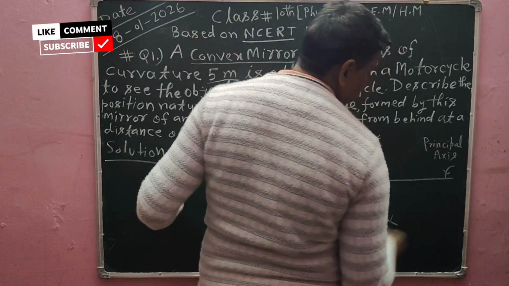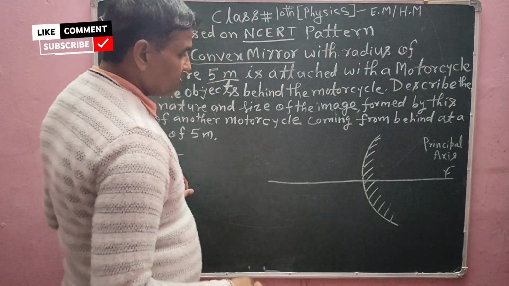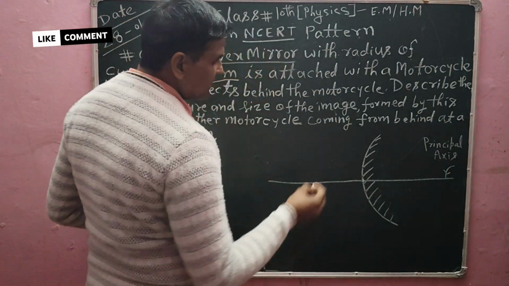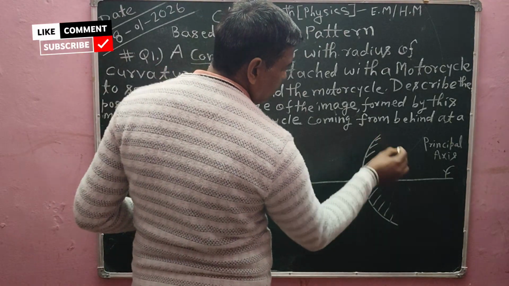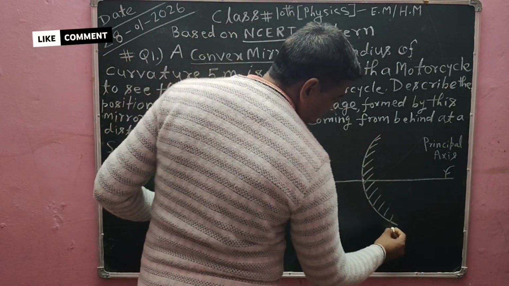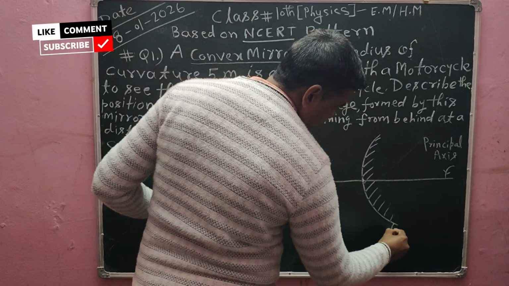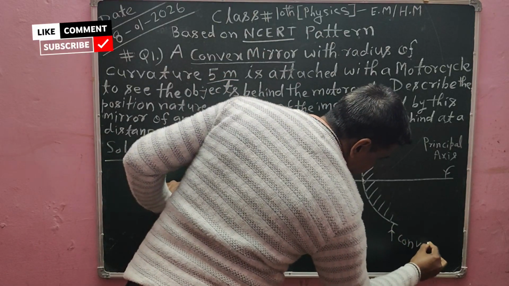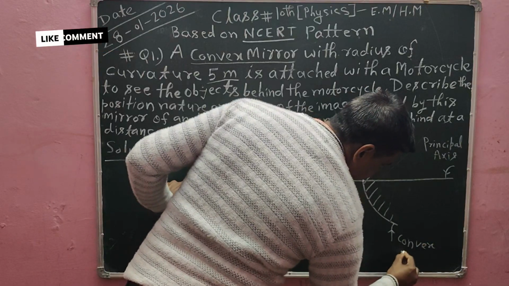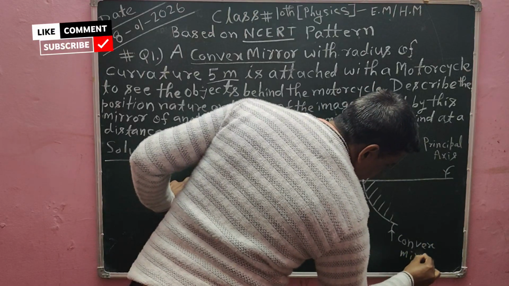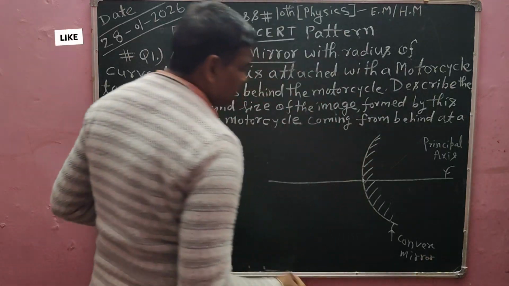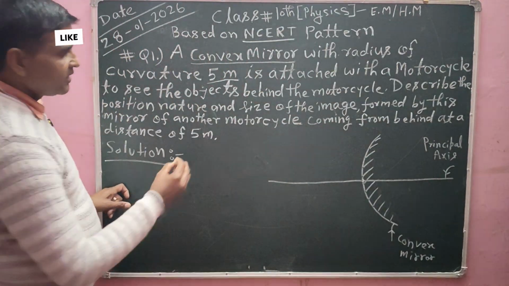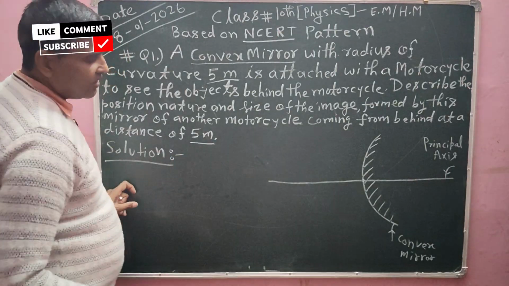Now this is the optical center of the convex mirror, and I will write its name here, convex mirror. Now the object is already kept behind this mirror.